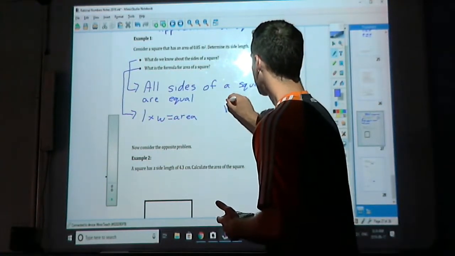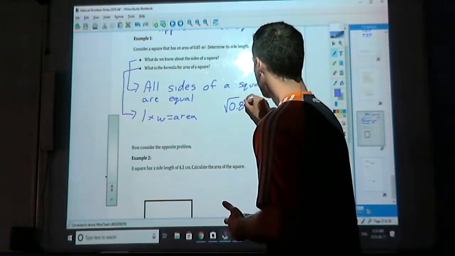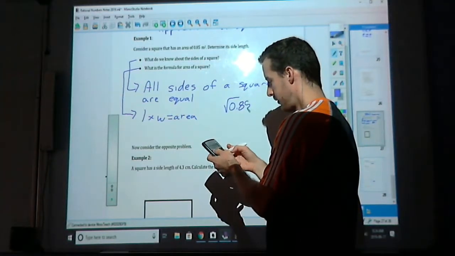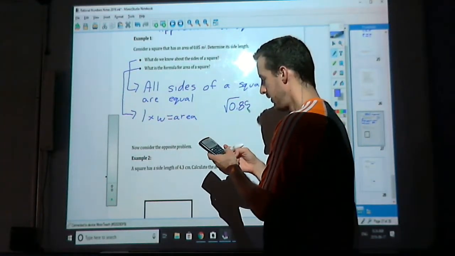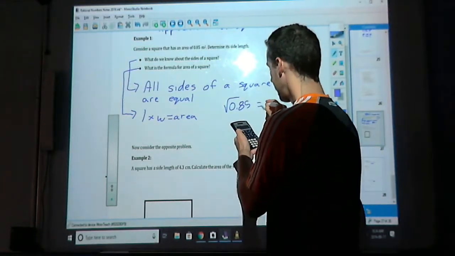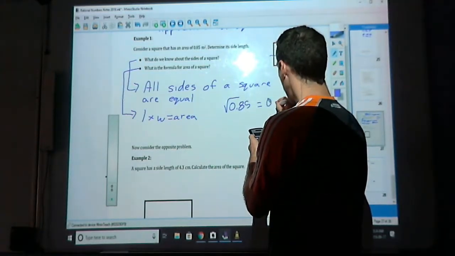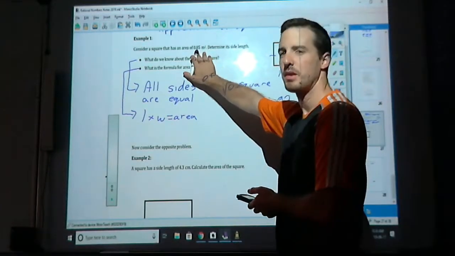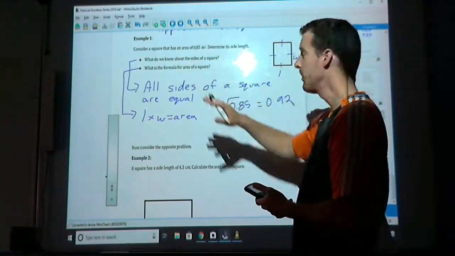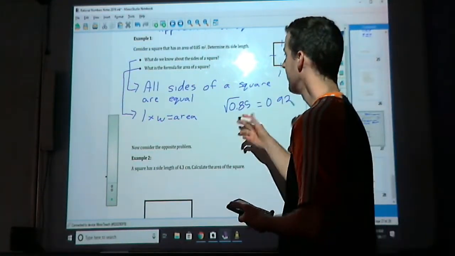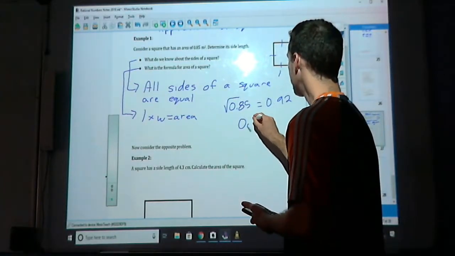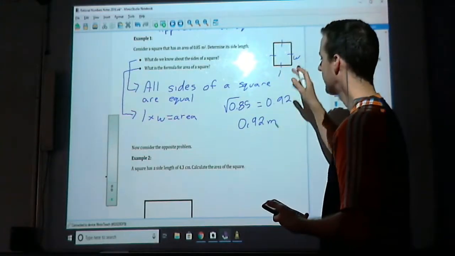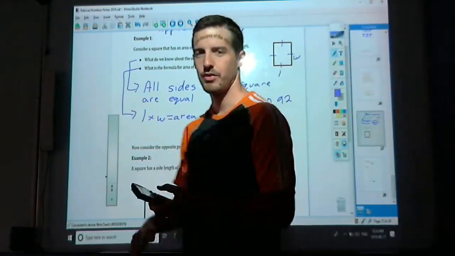So if we take the square root of 0.85 in our calculators, this gives us a firm answer of 0.92. I usually round off to 2 decimal points, especially if that's how many decimal points they gave you in the problem. So at the end, it would be 0.92 meters in length or width. It doesn't matter, it's a square, so all sides are equal.